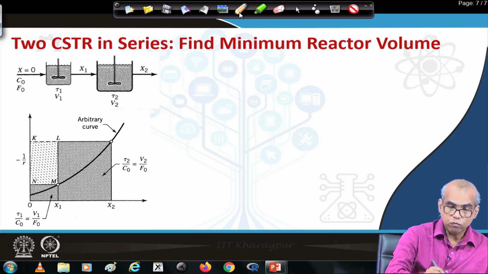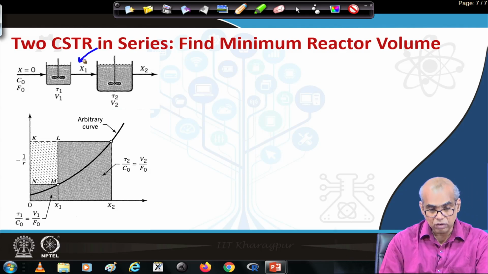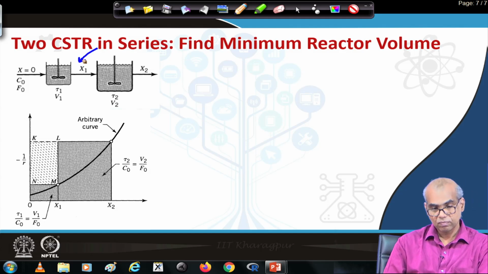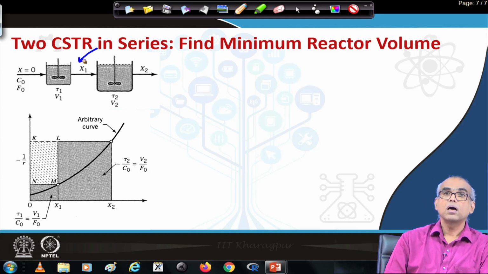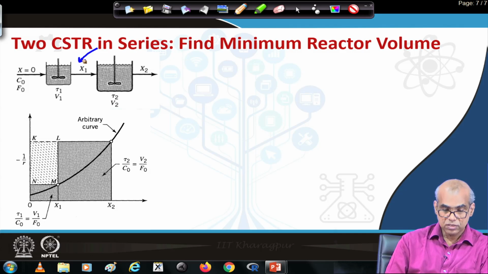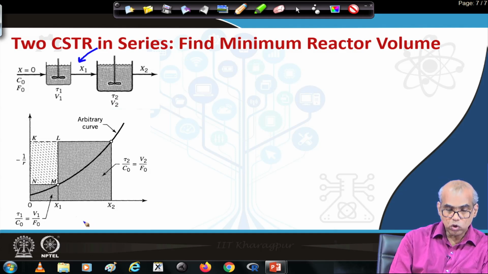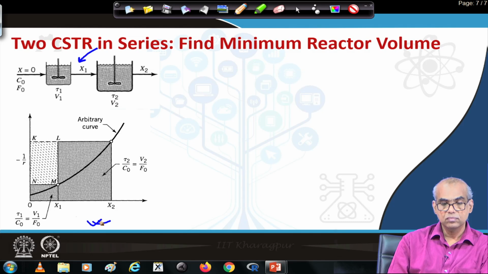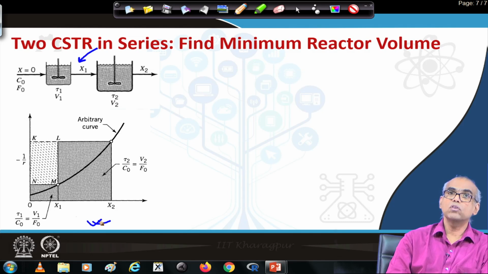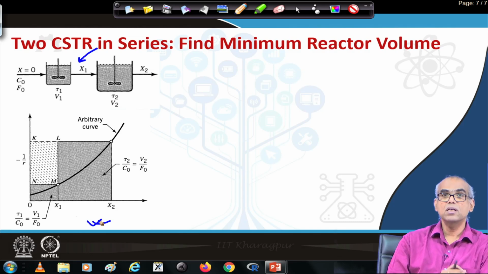So, focus your attention on this interstage conversion X1, which is at the effluent coming out of the first CSTR. So, the plot of reciprocal rate versus conversion will look like this. Note that the conversion achieved in the first reactor is 0 to X1.